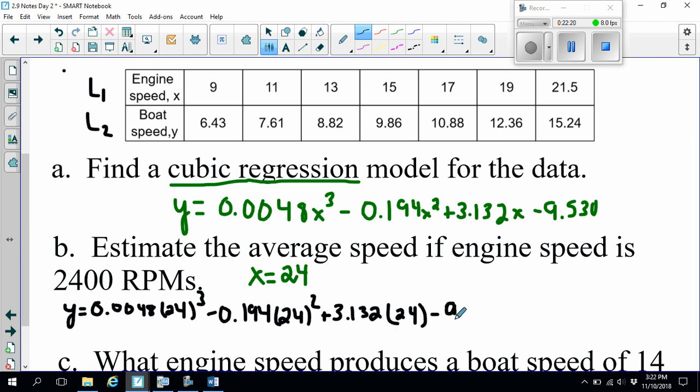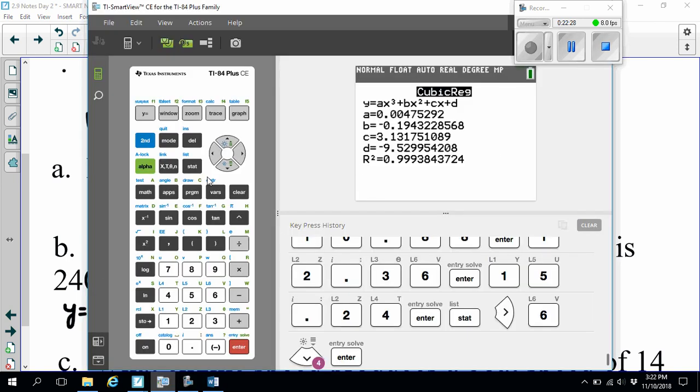Then really all you have to do is plug this into your calculator, which we'll go ahead and do, because it makes it a lot easier.